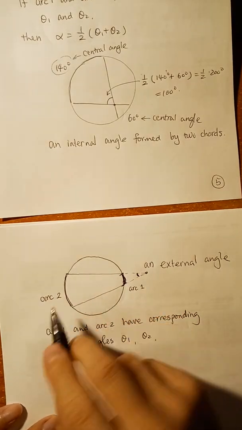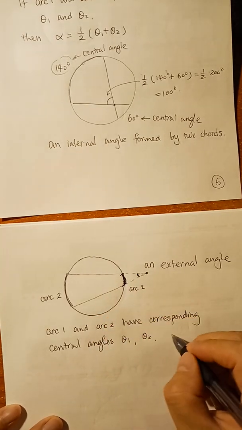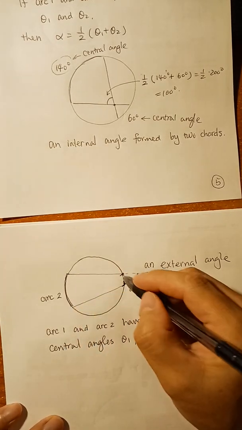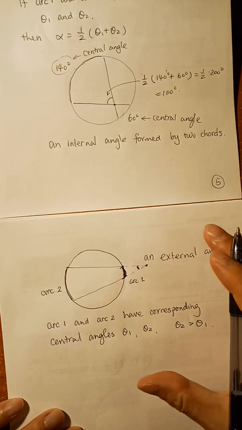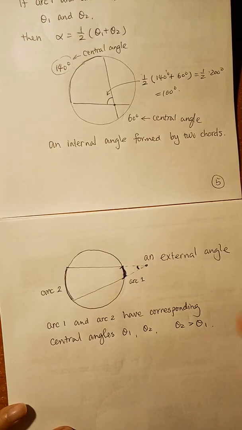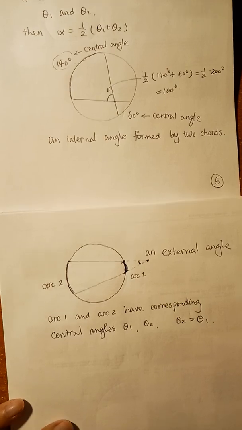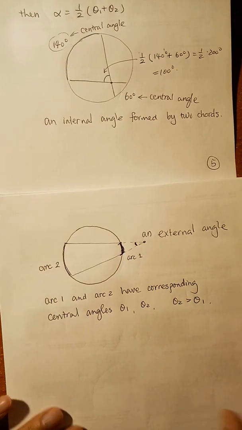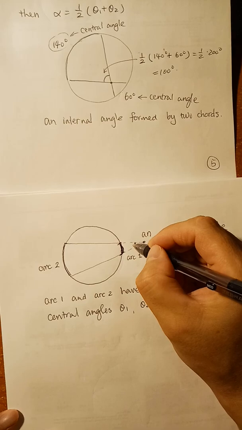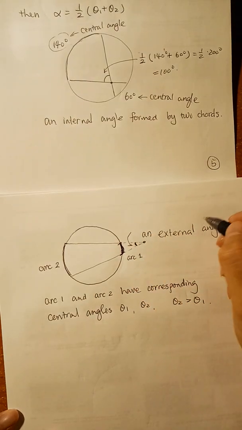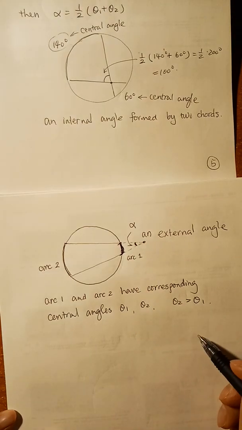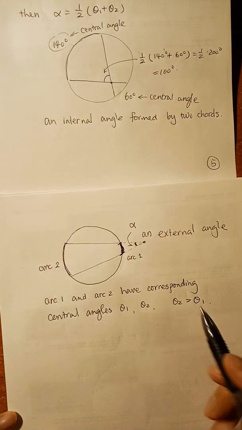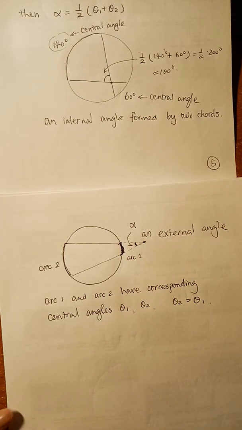Here, because of this setting, arc 2 is longer than arc 1, so theta 2 is greater than theta 1. The longer arc has a bigger central angle. Then let's call this external angle alpha. Now what is the relation between alpha, theta 1, and theta 2?